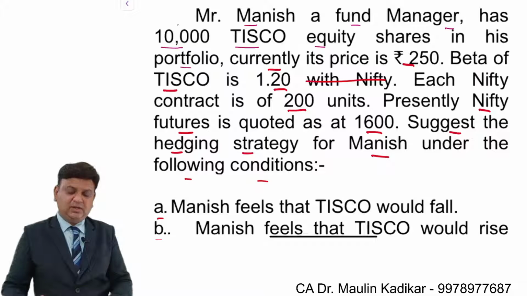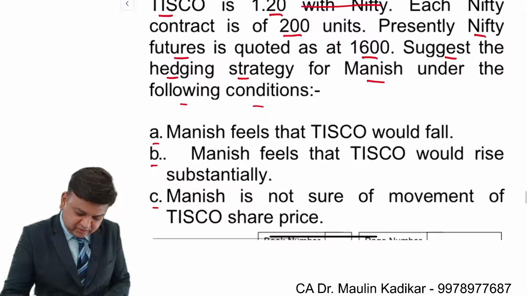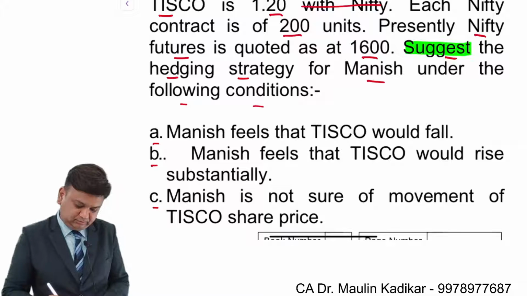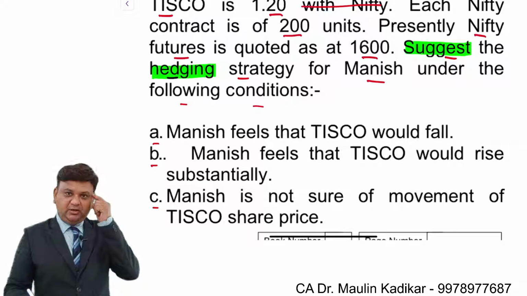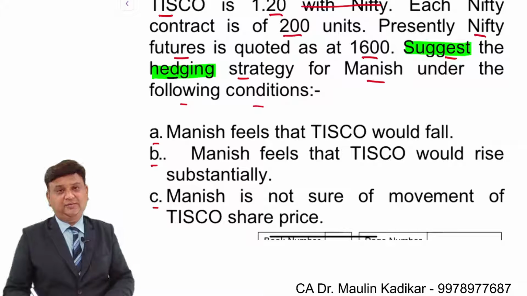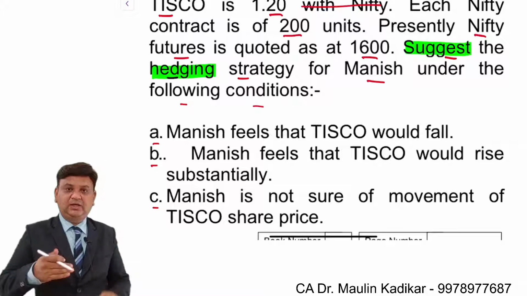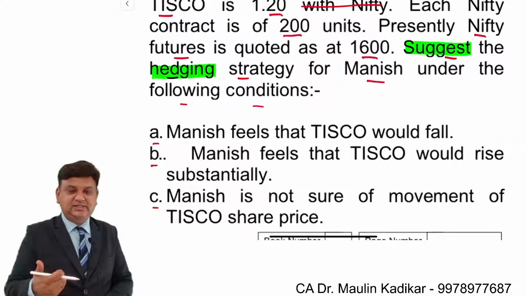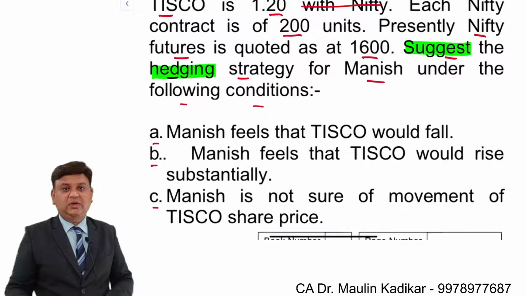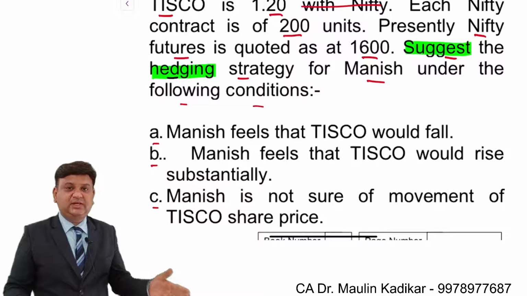Now friends, importantly the language of the question says that you are required to suggest the hedging strategy. So we have to think and then reply. The question does not say that the trader wants to hedge and you tell us the hedging strategy. The question says that you are required to suggest the hedging strategy.